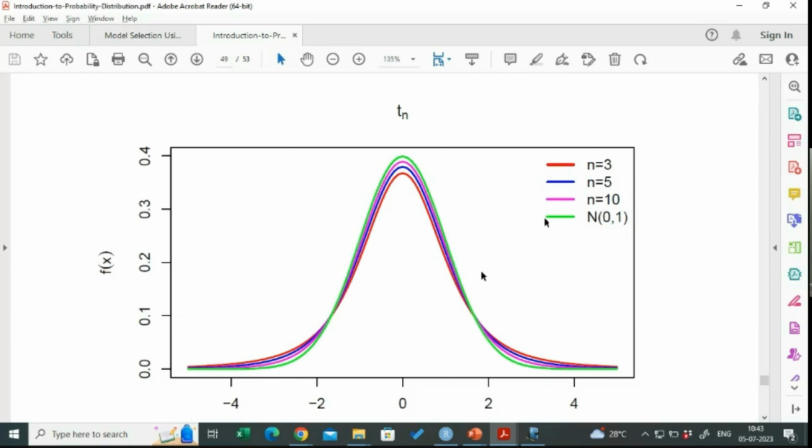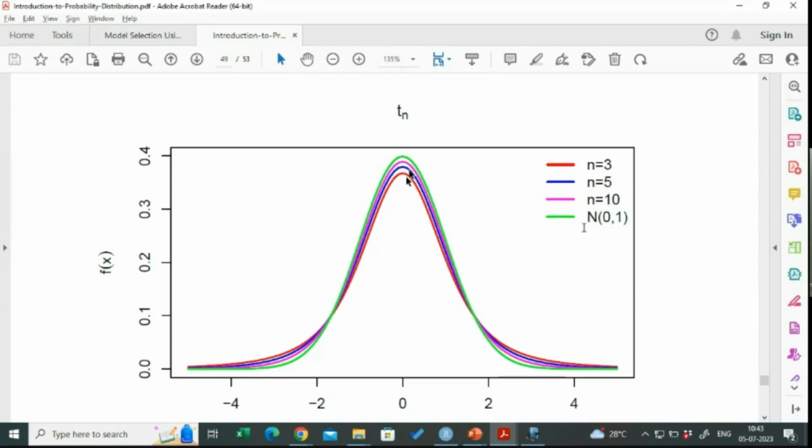If I see this light green, this is the normal. For n equal to 3, this is the t distribution at 3 degrees of freedom. It has a thicker tail than the normal, right? N equal to 5 is this one. As you see, at n equal to 10, it is closer to the light green.